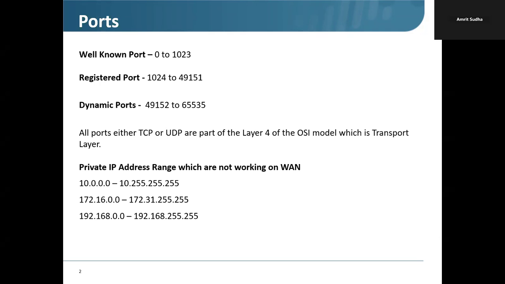FTP uses 20, 21 for control command for FTP, 22 for SSH, 23 for telnet, like that. Routing protocols also fall between 0 to 1023.